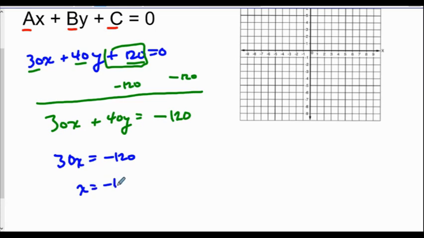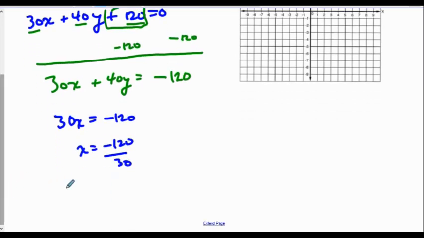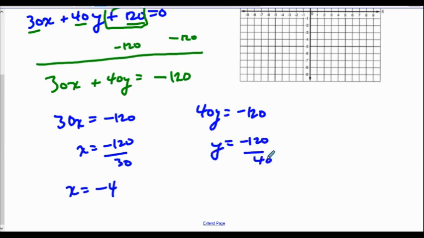So x equals negative 120 divided by 30. X is negative 4. Do the same thing for the other one. I'm going to have 40y equals negative 120. Y equals negative 120 divided by 40. Y equals negative 3.